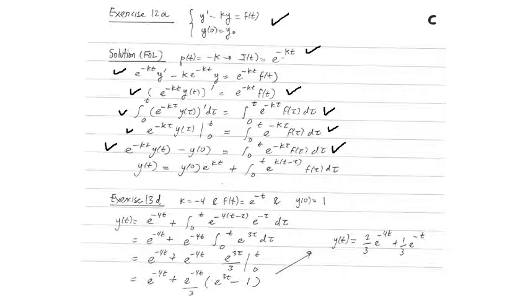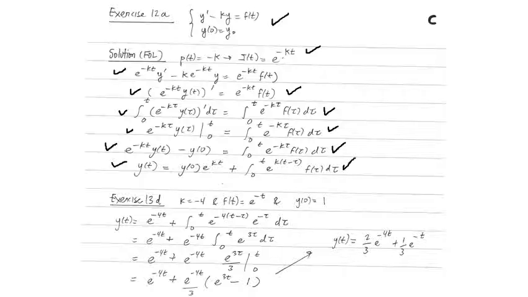In the next step, I guess I skipped a baby step here. I added y of 0 to both sides, and then I multiplied both sides by e to the kt. So I did skip one or two baby steps here. Basically, I'm just taking the previous expression and solving for y of t. So that gives me y of t, my solution of that initial value problem, is y of 0 e to the kt plus something that looks a lot like a convolution.